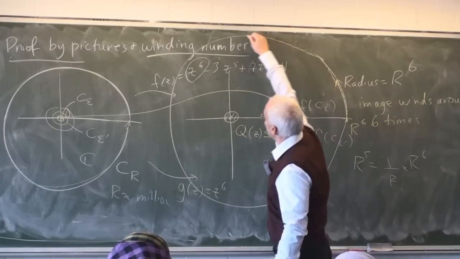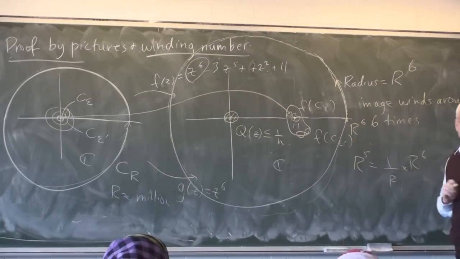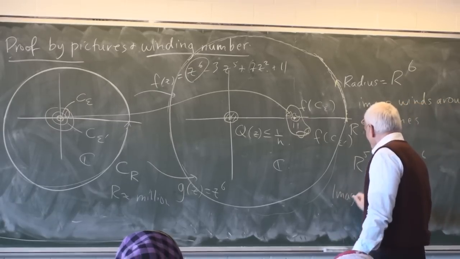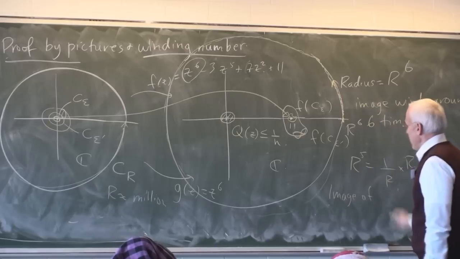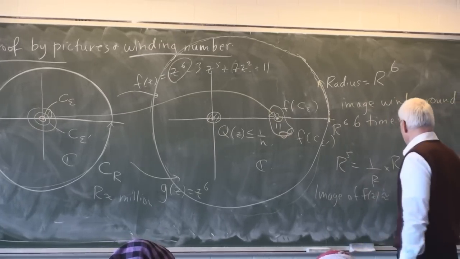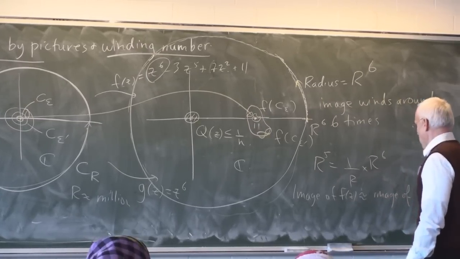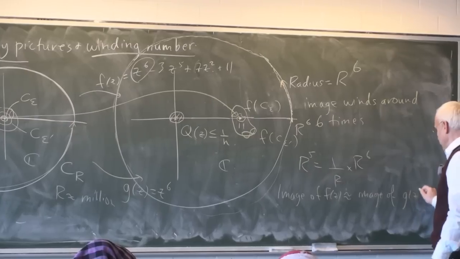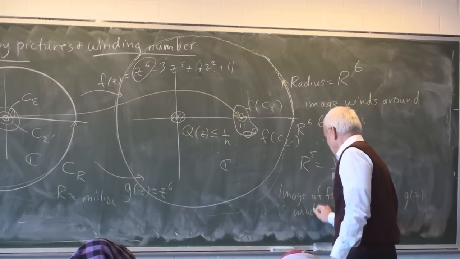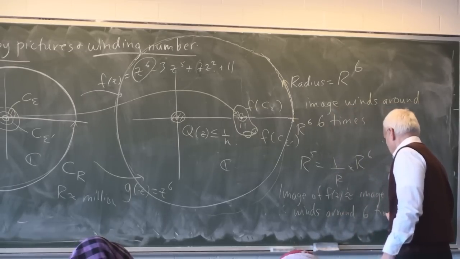So there's the image of f of z going around 6 times. So the image of f of z is almost the same as the image of g of z. So therefore, it winds around 6 times.